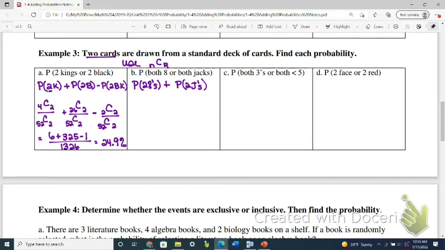So the probability of pulling 2 8s, I have 4 8s in the deck, and I want to choose 2. And here I have 4 jacks in the deck, and I want to choose 2. So it's 6 plus 6 over 1326, which is 0.9%.